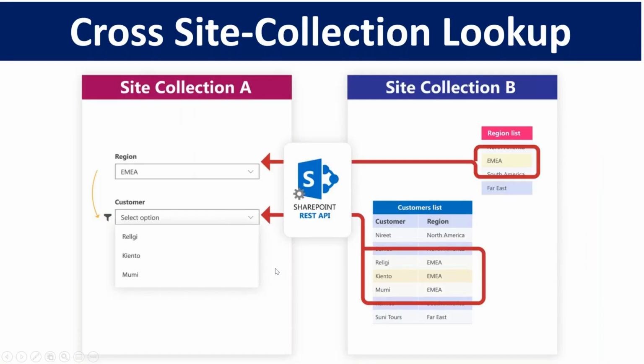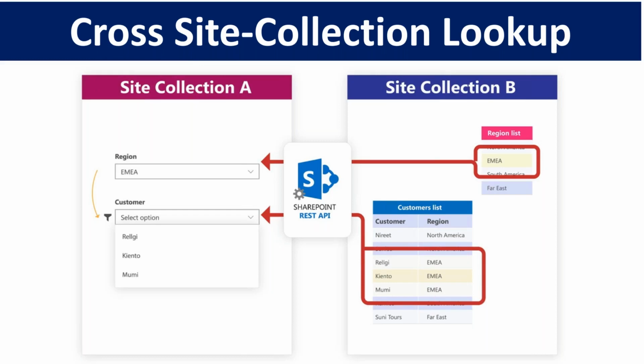The first example is something that so many customers have been asking me about: how to implement a cross-site collection lookup. There are many examples of cross-site lookups. QuizCon also has the cascading lookup, which is a cross-site lookup, and you can also implement it with Power Apps and other tools.